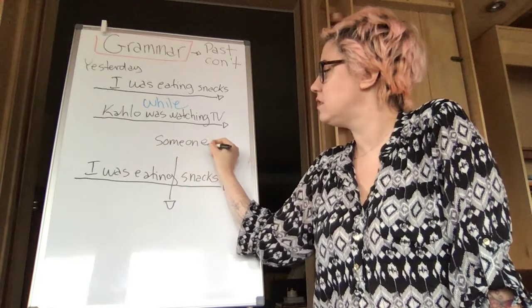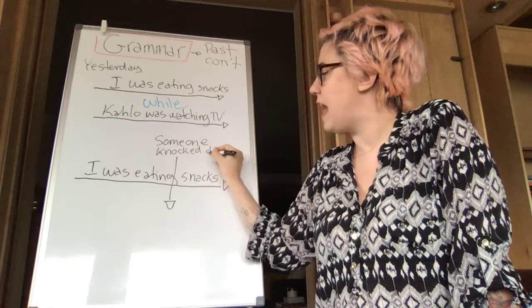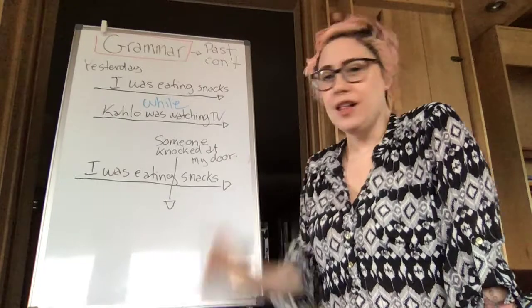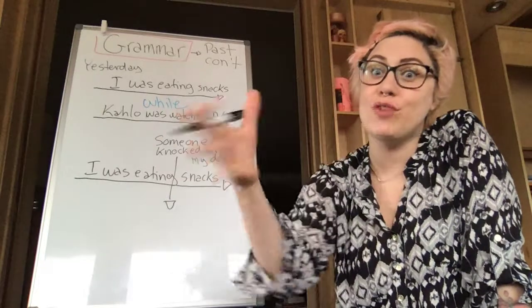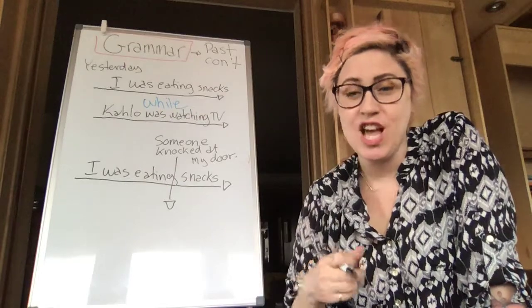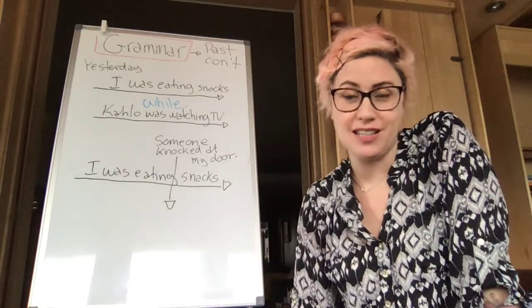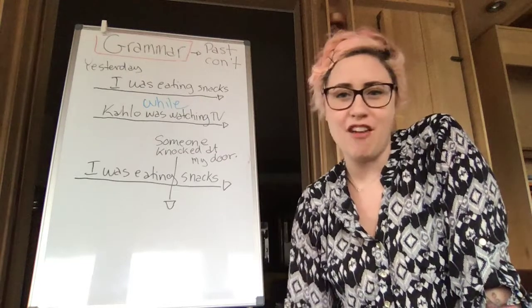Someone knocked at my door. This is a very usual situation for me these days because I am having everything delivered to my house. So often I get a big knock on my door because somebody is here delivering me groceries or different stuff I have bought online.